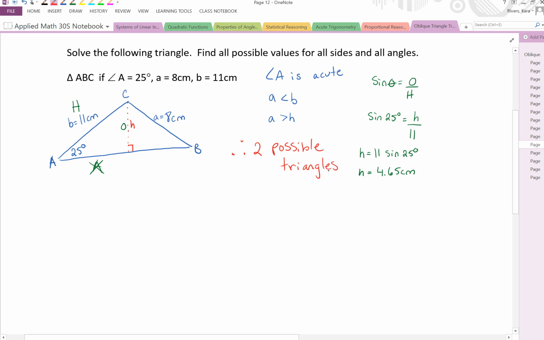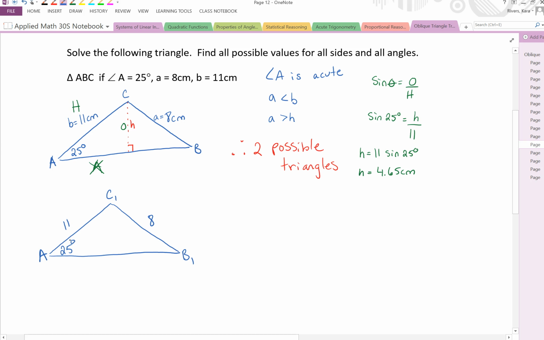I'm going to redraw these two triangles so we can see where they are. So the first triangle is what I've drawn there. So this is A. We're going to call this C1 and B1. This is 11. This is 8. This is 25 degrees.